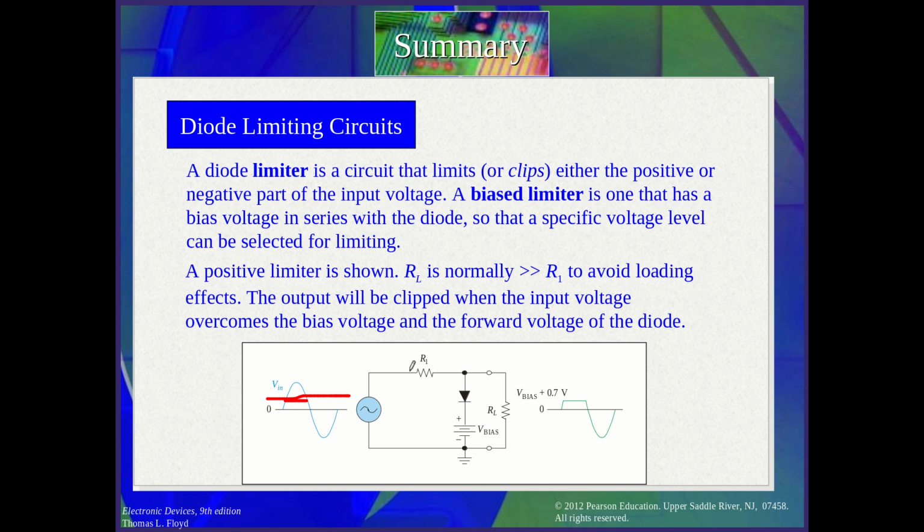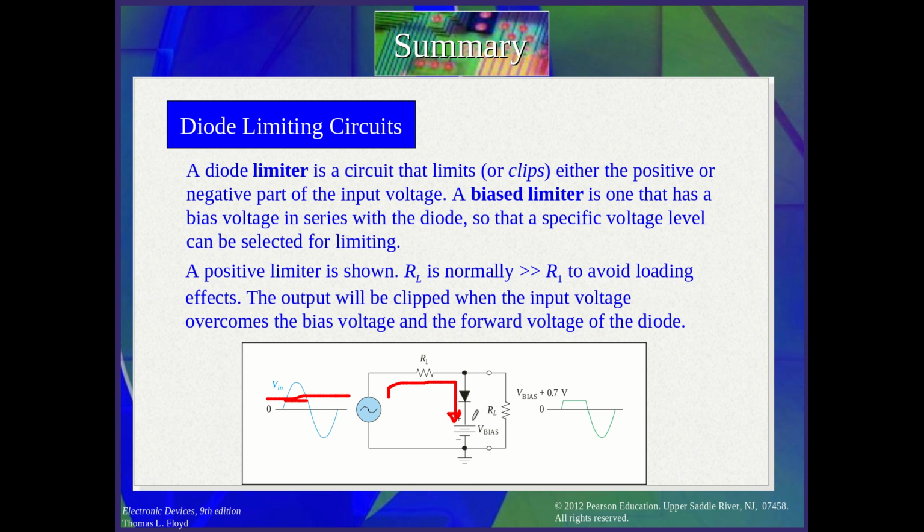Here we make an assumption that RL should be very large compared to R1 to avoid loading effect. So here the voltage will come across R1 and across the diode. Okay, here the diode will conduct after 0.7.